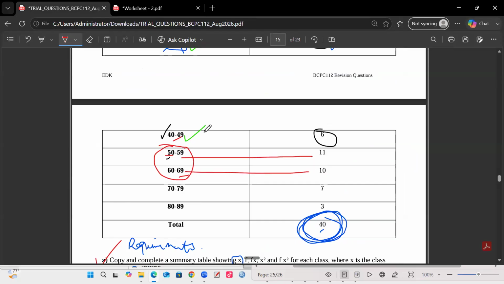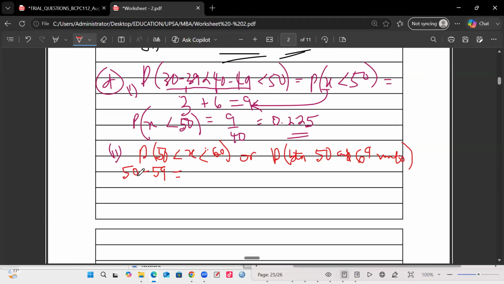So what do we have here? 50 to 59, which is 11, and 60 to 69, which is 10. So 11 plus 10, what do we have? 21.